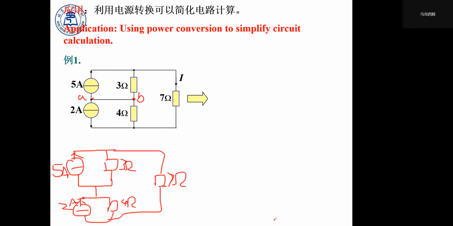So we can transform this, you see that this is a conductance in parallel with a current source. We can just replace it with the voltage source in series connection with a resistor.